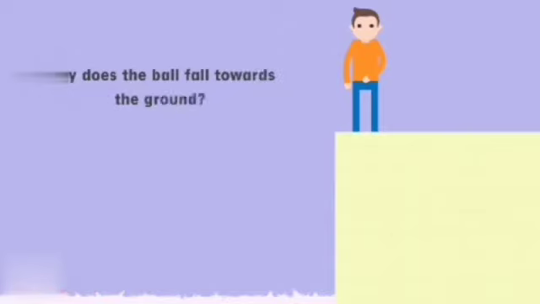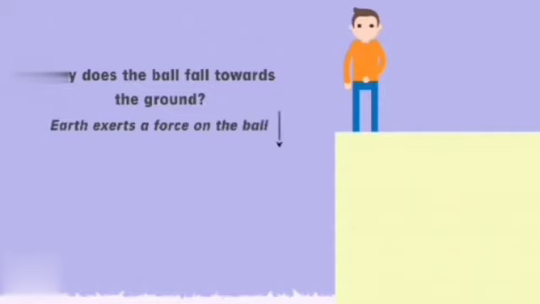Let's see another non-contact force. When you release an object, say a plastic ball, from some height above the ground, it just falls on the ground. Why does the ball fall towards the ground? This is because of the force that the earth exerts on it in the downward direction.